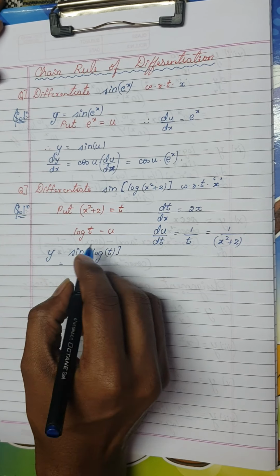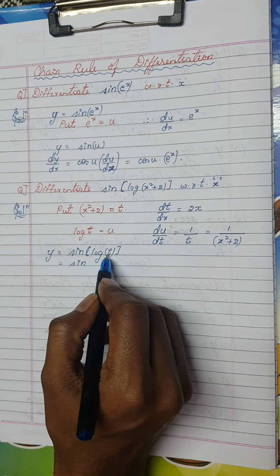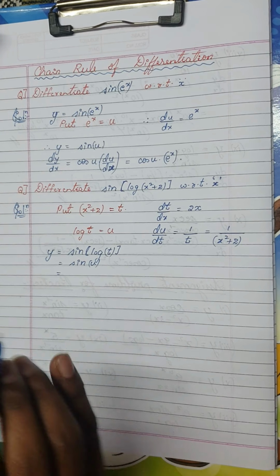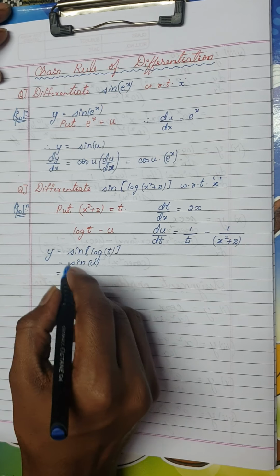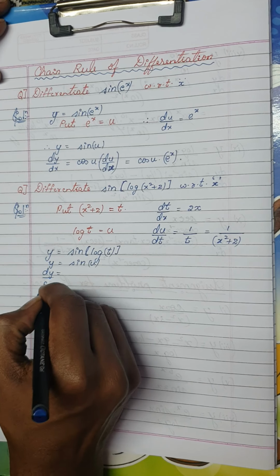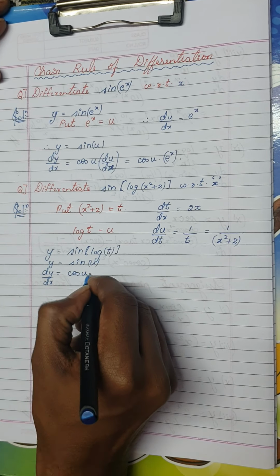So I have sine of log t, and log t is nothing but u. So now I have y is equal to sine u. Therefore dy by dx is cos u.